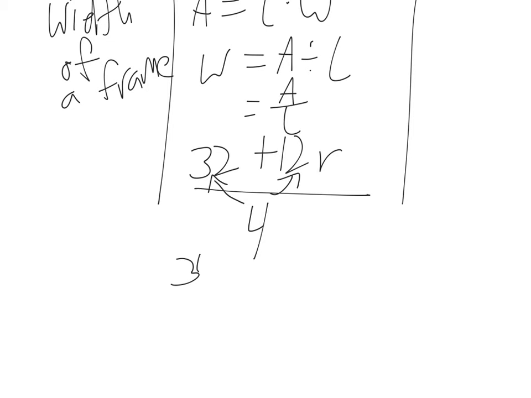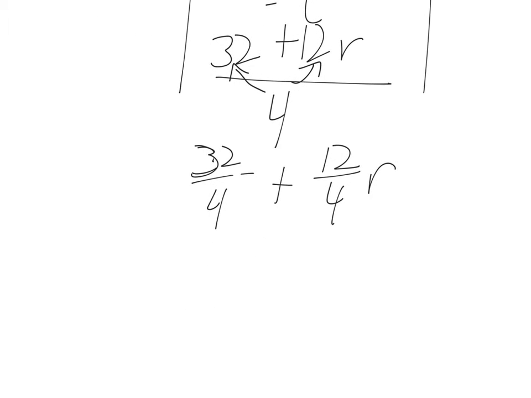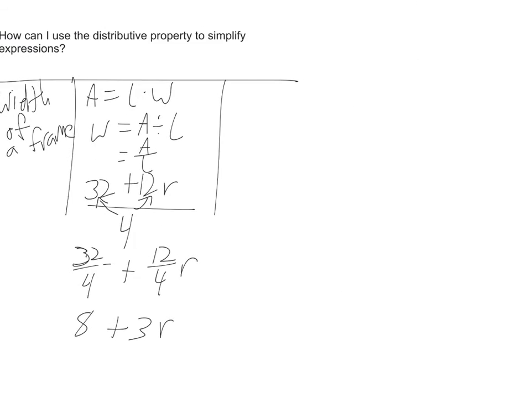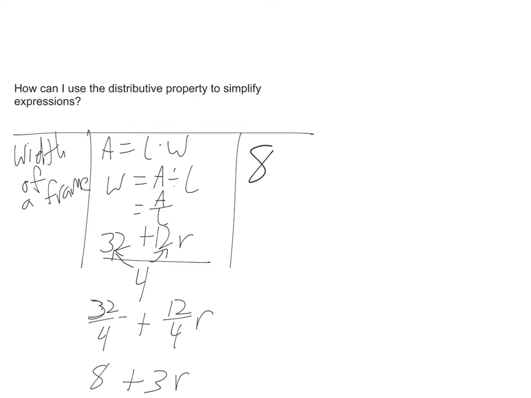So we do 32 divided by 4 plus 12 divided by 4r. We solve this and say 32 divided by 4 is 8, plus 12 divided by 4 is 3r. So that becomes our solution. 8 plus 3r is the simplified expression that would equal the width.